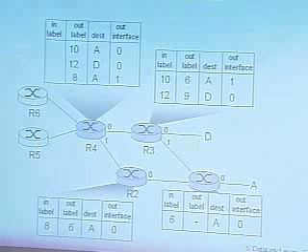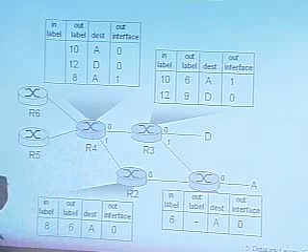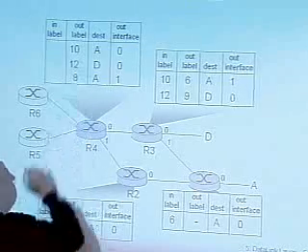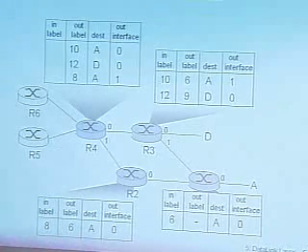So now look at router 4. For the same destination A, it has two different outgoing labels, 8 and 10.